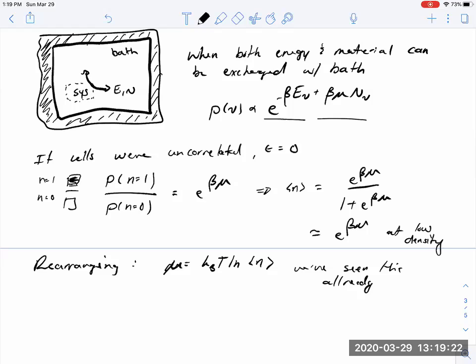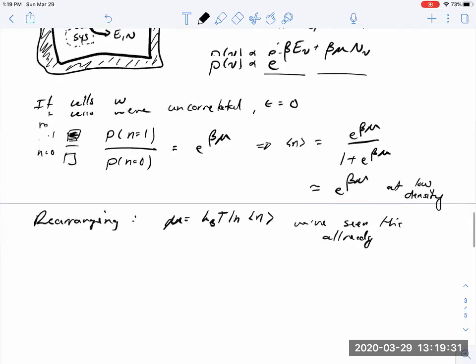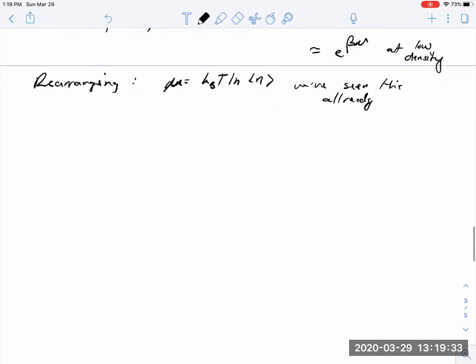Now, if we don't have correlations, we aren't going to get that divergence in the heat capacity associated with a critical point. So in fact, we have to have interactions to see any of that correlated behavior. So with some finite epsilon.